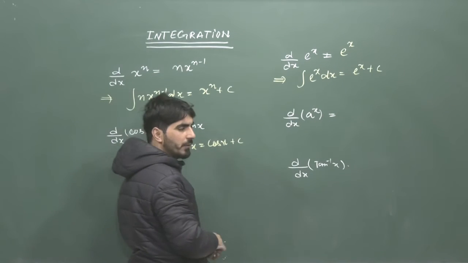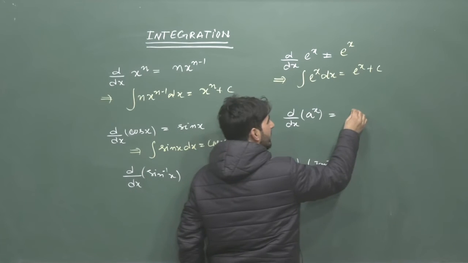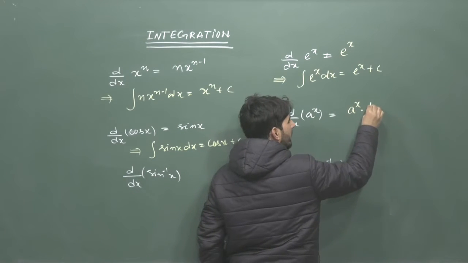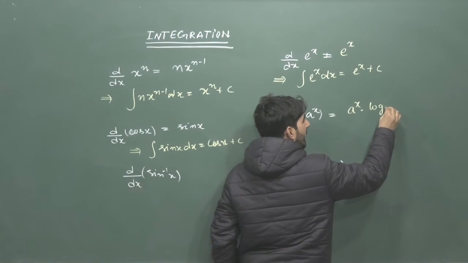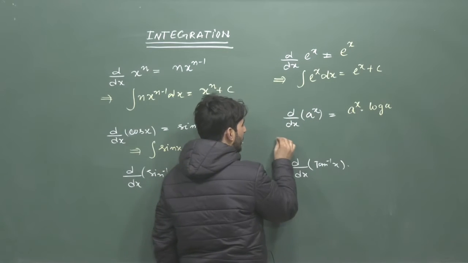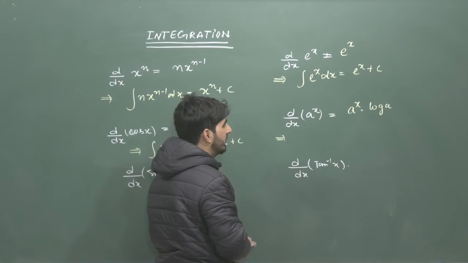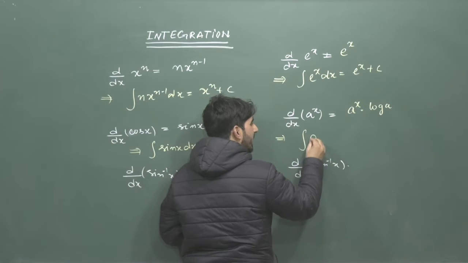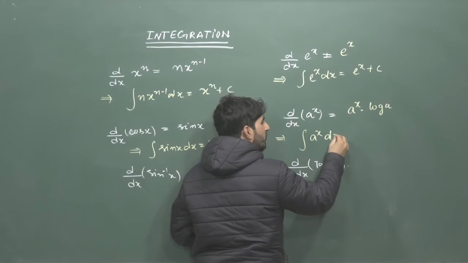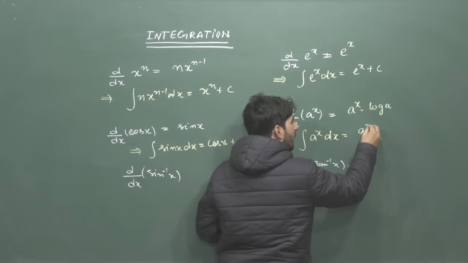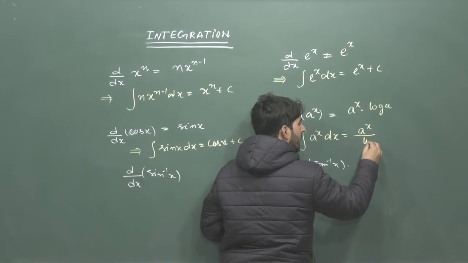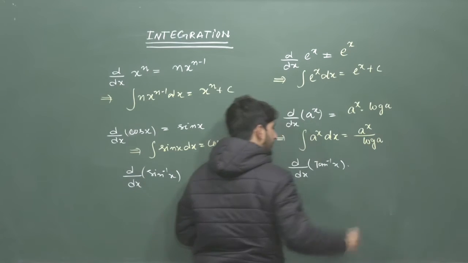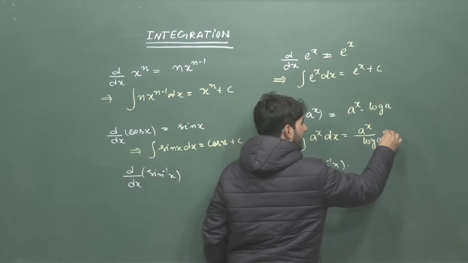As we know that the differentiation of a raised to power x is a raised to power x into log of a, which implies integration of a raised to power x with respect to x is a raised to power x divided by log of a plus c.